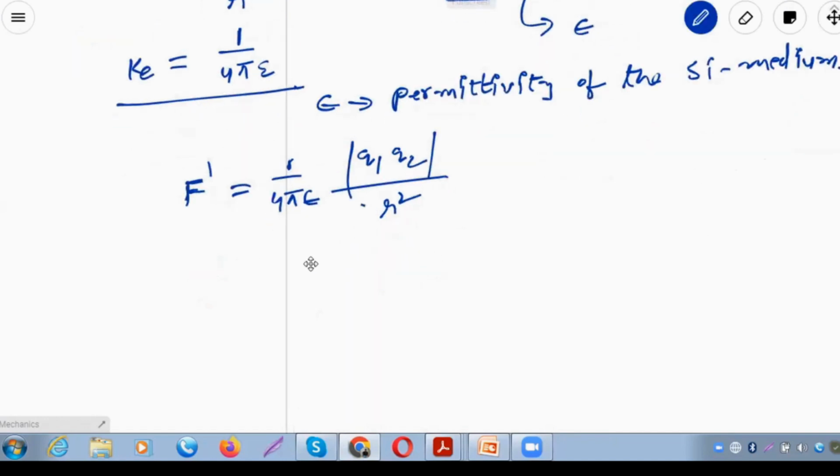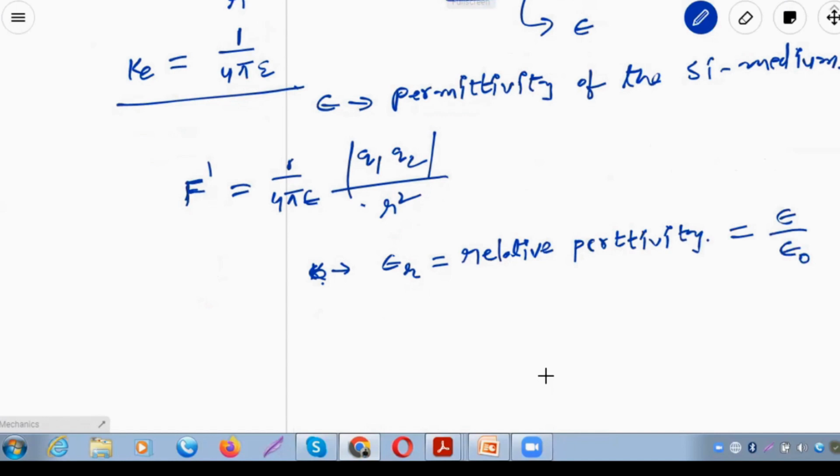And there is another constant, called epsilon R. Epsilon R is the relative permittivity, the ratio of the permittivity of the medium to the permittivity of the free space.